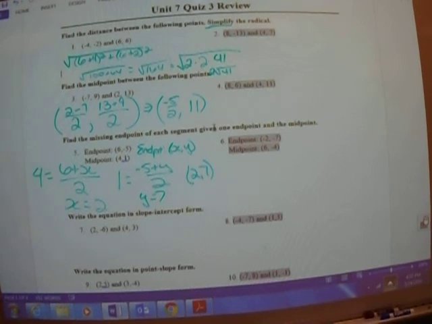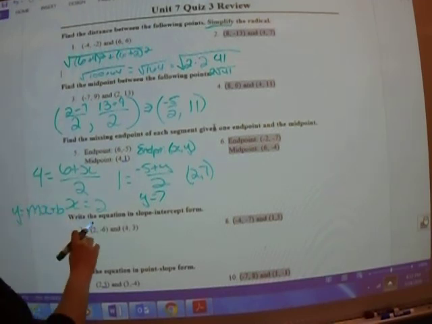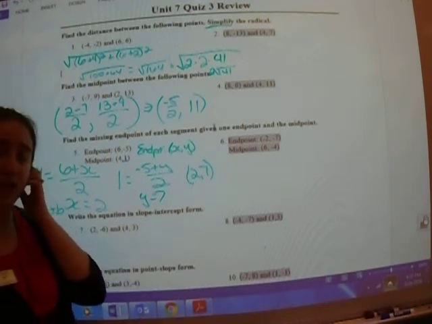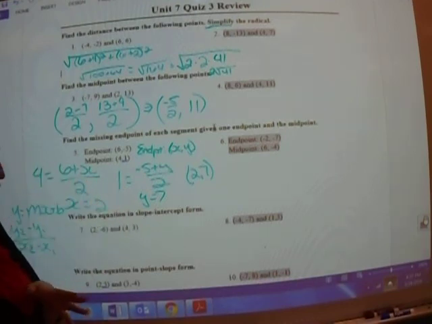Alright, slope-intercept form. That's just y equals mx plus b, right? So we have to find the slope. We find the slope by doing y2 minus y1 over x2 minus x1. It's only with partitions that it matters which one you name x1 and y1 and which one you name x2 and y2.